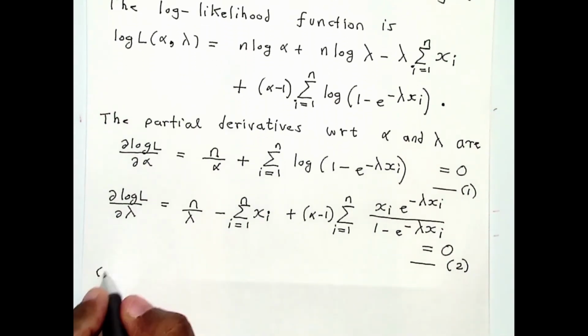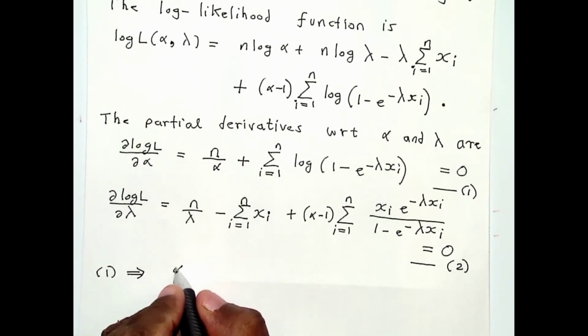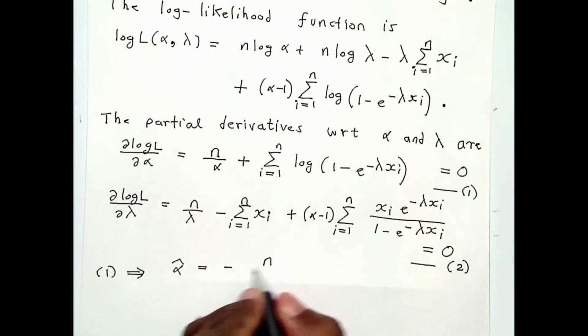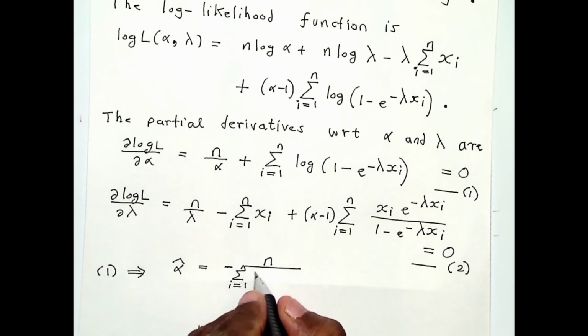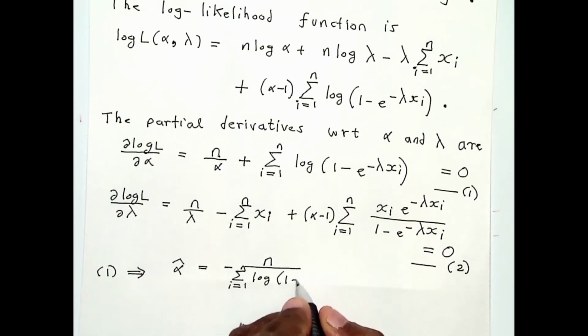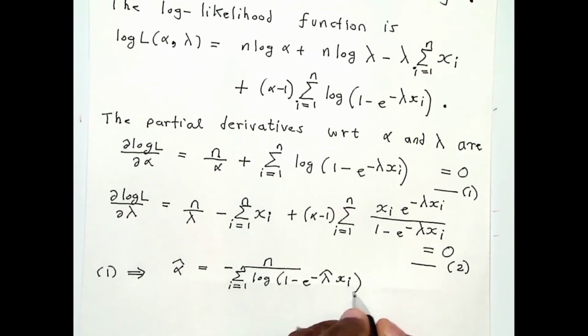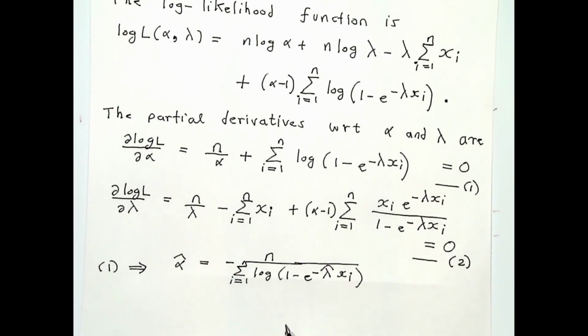From equation 1, you see that you can write alpha hat as the following: minus n divided by the sum... So it expresses alpha hat in terms of lambda hat.